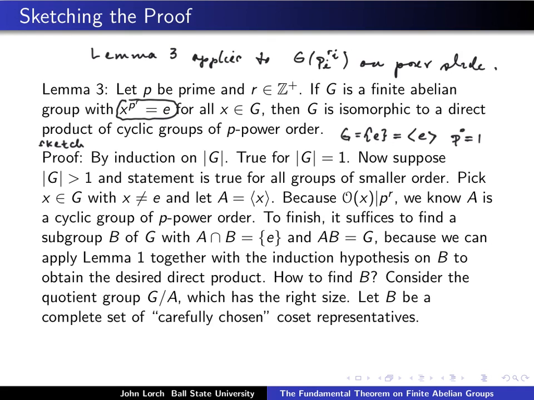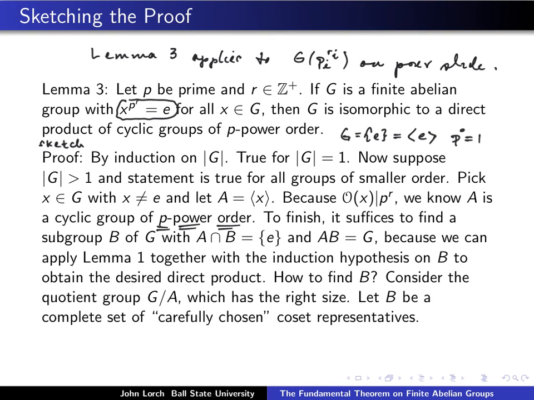That's true for all x in our group. And so the order of x has to divide p to the r. And that means that because the only divisors of p to the r are powers of p, we know that A is a cyclic group of p power order.